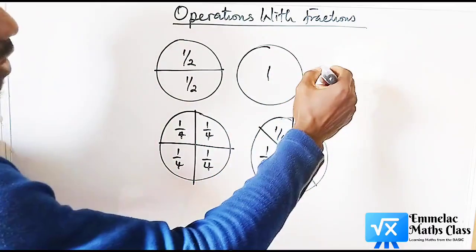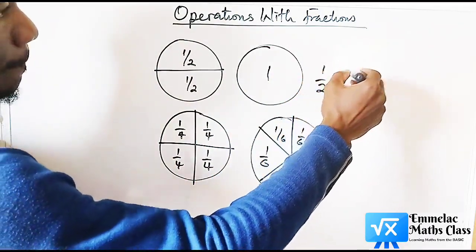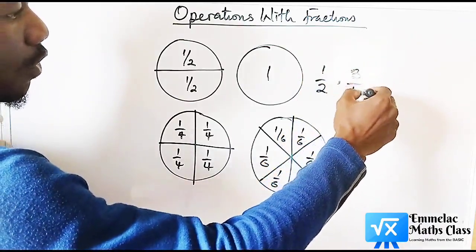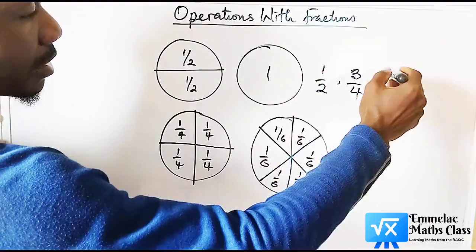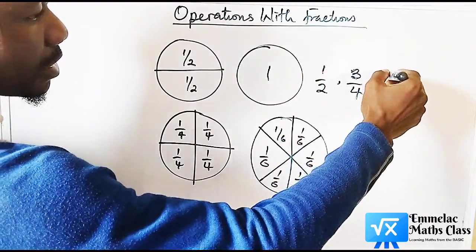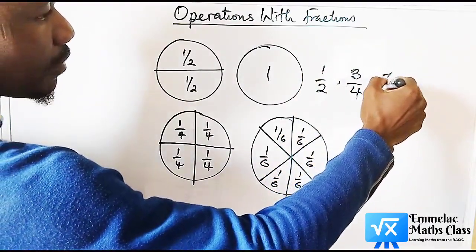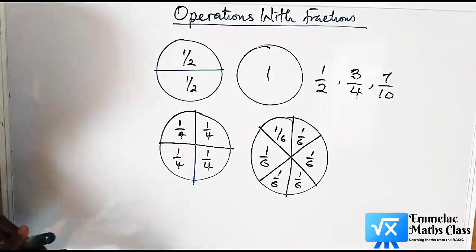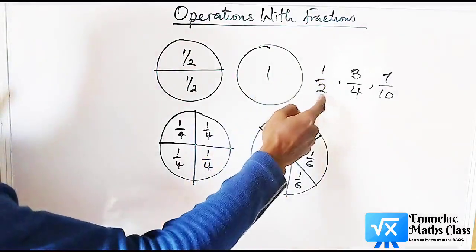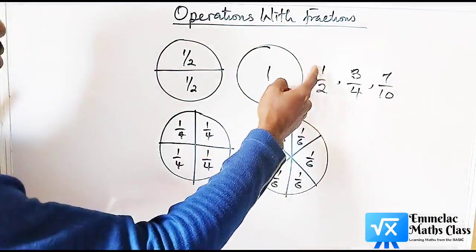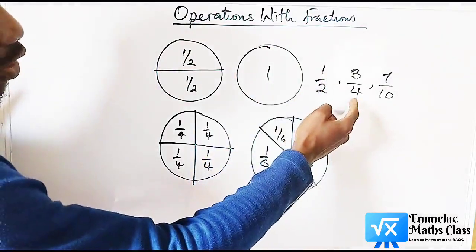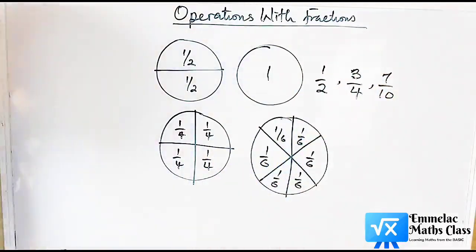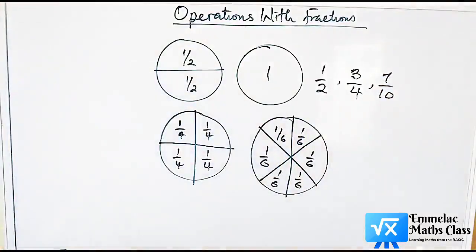So when you see numbers like 1 over 2, 3 over 4, maybe 7 over 10, these are fractions, which means 1 part is being taken out of 2, 3 parts out of 4, and 7 parts out of 10. Okay, let us proceed.